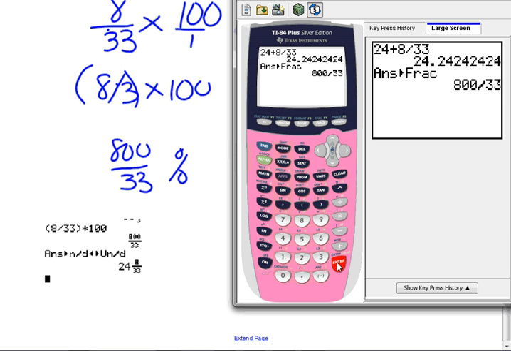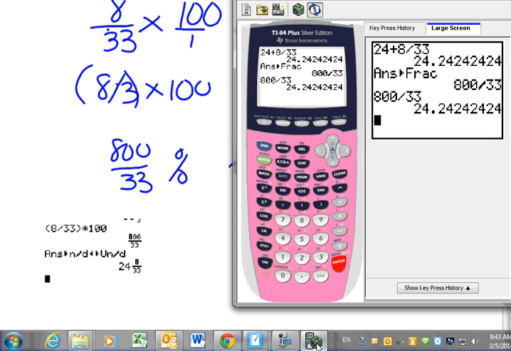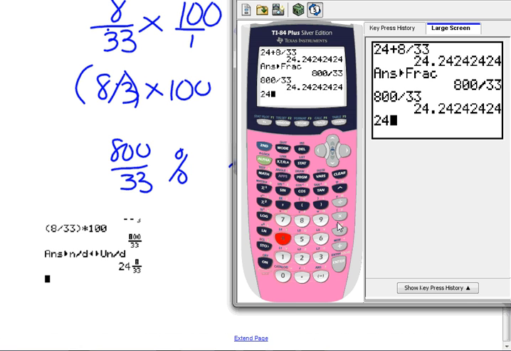And so what I could do is take 800 divided by 33, which I already knew was 24. So 800 divided by 33 is 24. And if I want to do the remainder, I multiply these together. I got a calculator. 24 times 33.